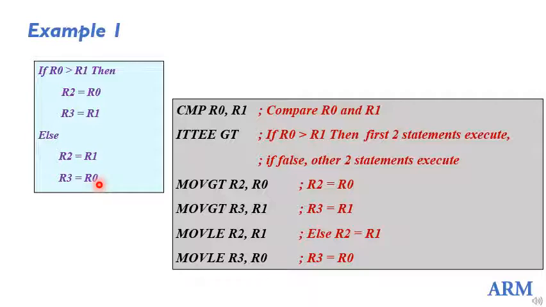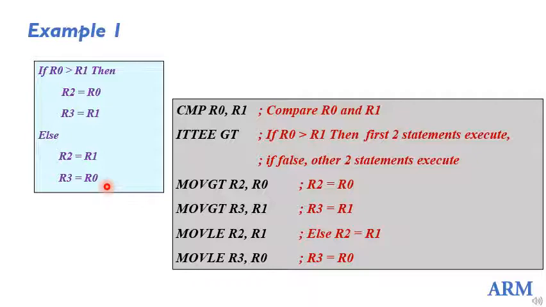I'm just doing some data transfer from one identifier to another. So if R0 is greater than R1, then R2 and R3 will get the values of R0 and R1 respectively. Otherwise, R2 and R3 will get the reverse. That means whichever is greater will be held in R2 and the other number will be in R3.